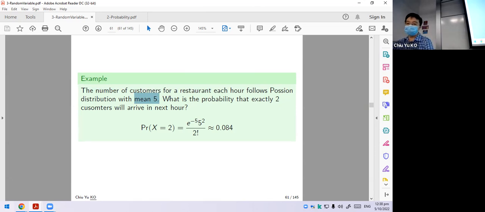To model how many people come in during a given time period, Poisson is the easiest thing to do. And how do you come up with the number 5? Look at the data: on average, how many people come in? The average is 5. Then you can safely assume the mean is 5. When we say the mean is 5, actually we say lambda is 5.